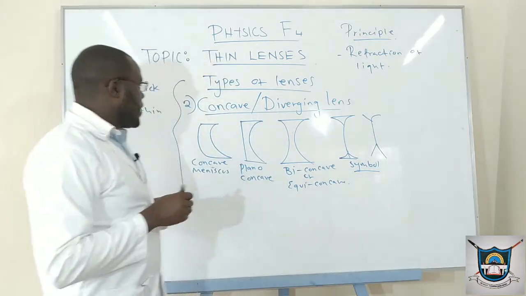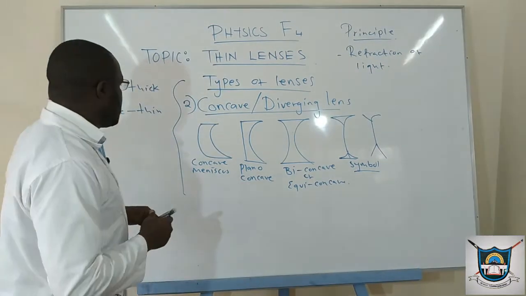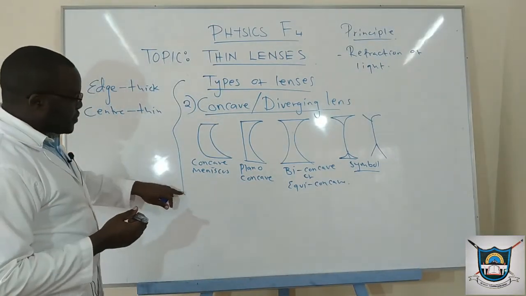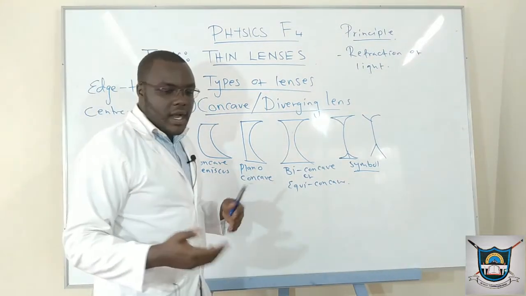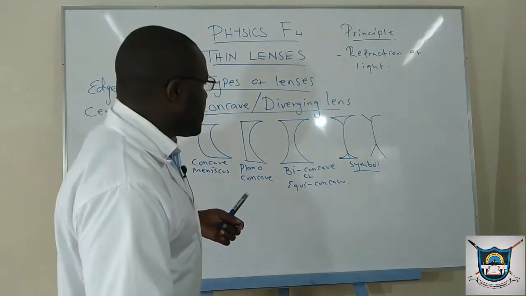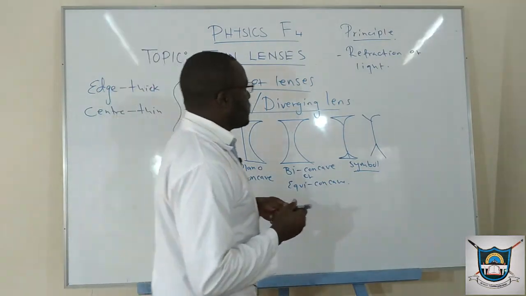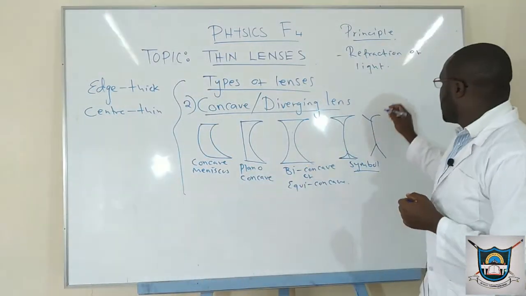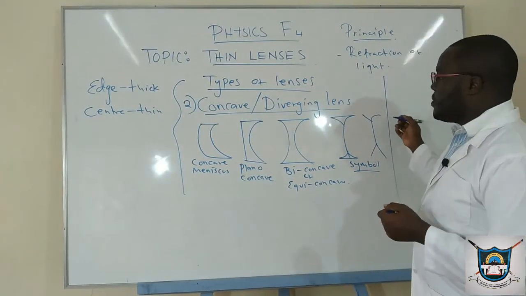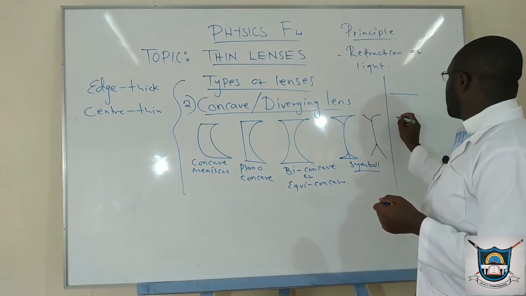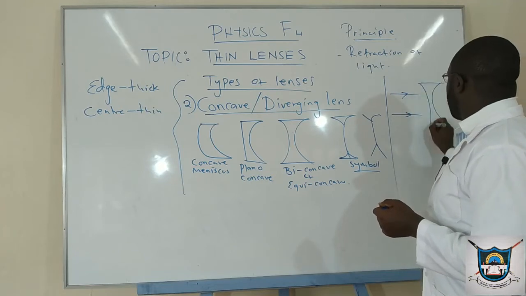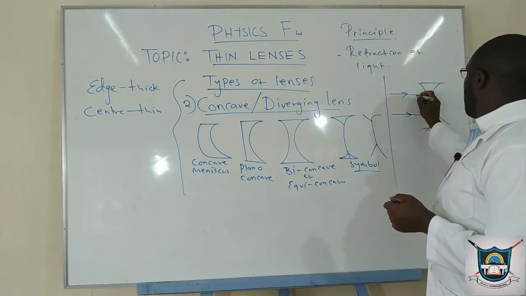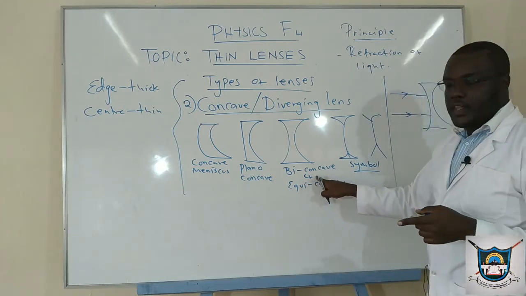Now, another thing we need to look at is, why are they called diverging lenses? Where is this word diverging coming from? The diverging part is because of what they do to the light. So assuming we have some parallel rays here moving, let me take an example of the biconcave.